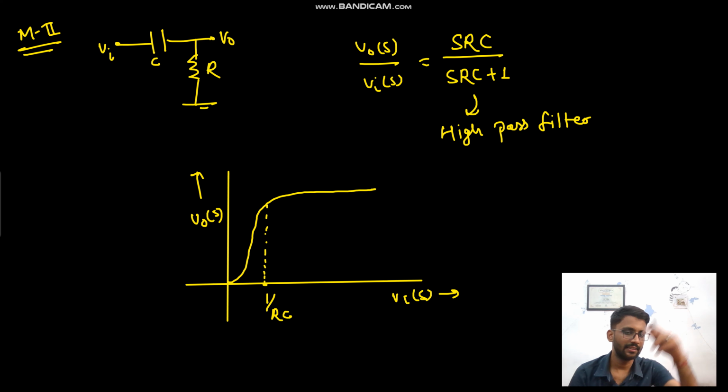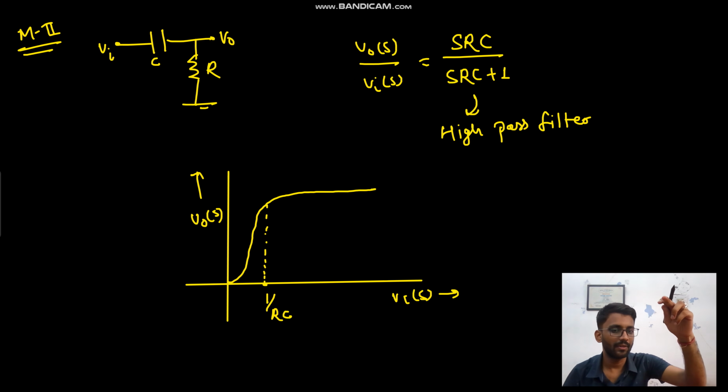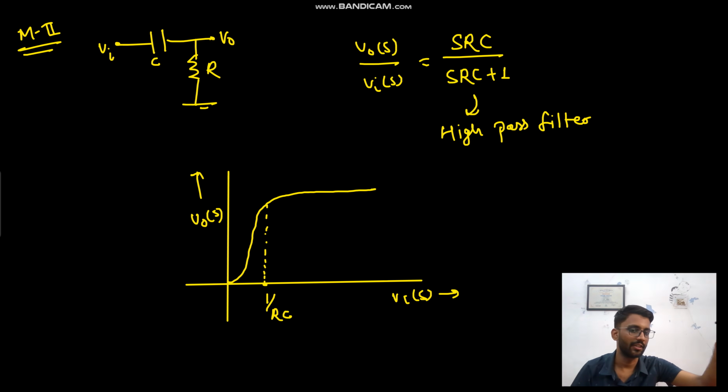So first it rises at plus 20 dB per decade, then minus 20 dB per decade is added, meaning 0 dB per decade, so it will be constant. This is the 3 dB frequency and this is gain 1.